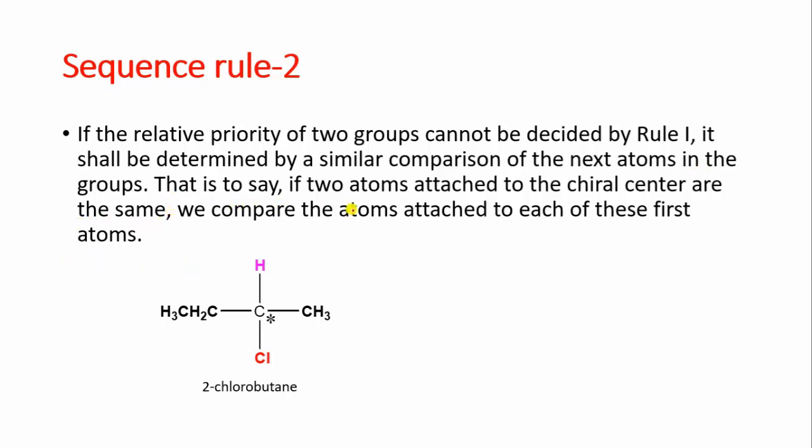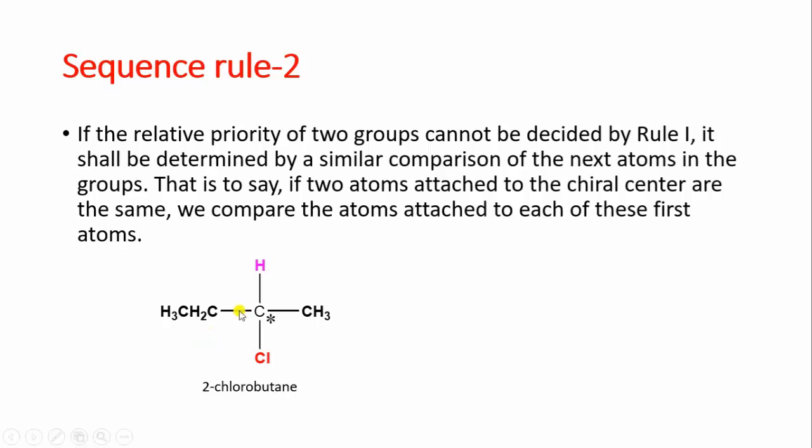That is to say, if two atoms attached to a chiral center are the same, we compare the atoms attached to each of these first atoms. So if similar atoms are present, what do we do next? We have to check the next atom attached to the first atom.